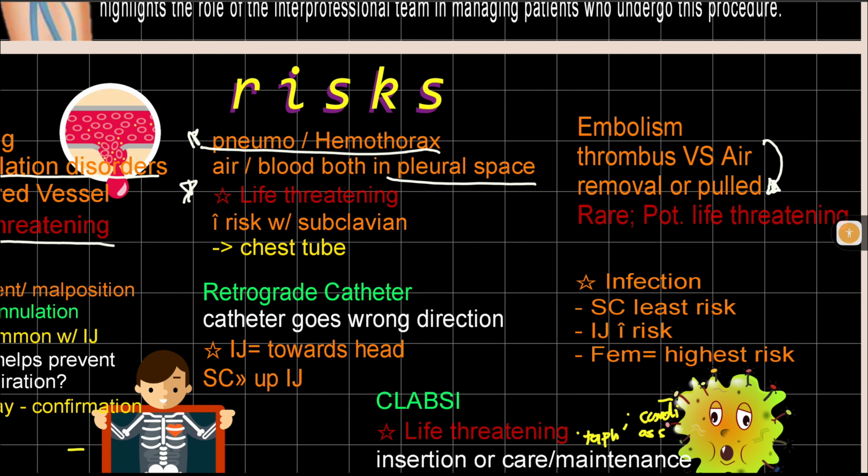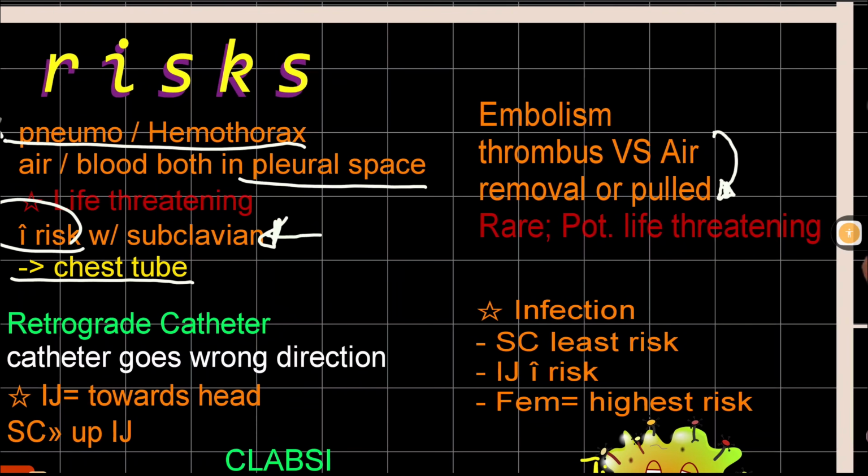Now, like I told you, if you use the subclavian site, it's actually a high risk for pneumothorax and hemothorax. So when that happens, what will happen? Your patient will have an ICT drain, a chest tube inserted. Your patient will be on ICT therapy to resolve the pneumohemothorax. In my experience, I haven't seen one so far. In Jesus' name.